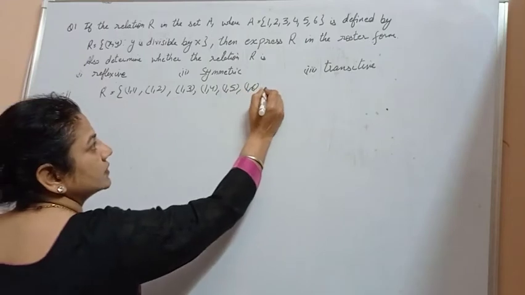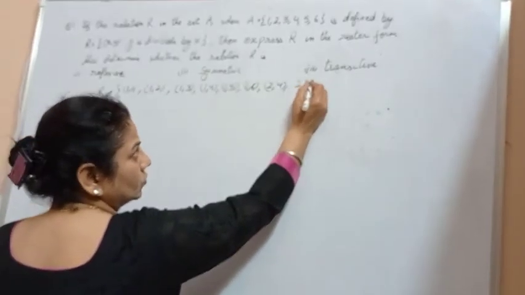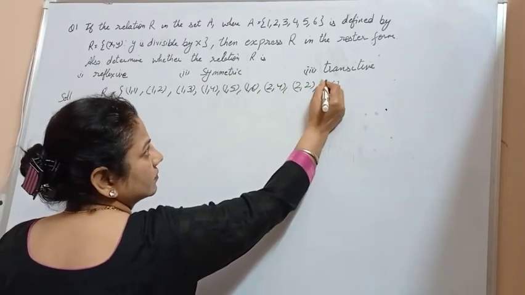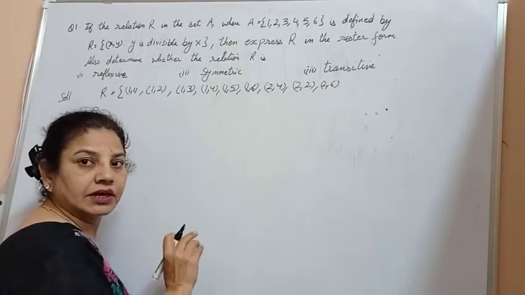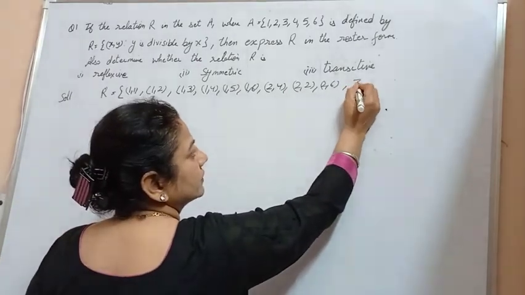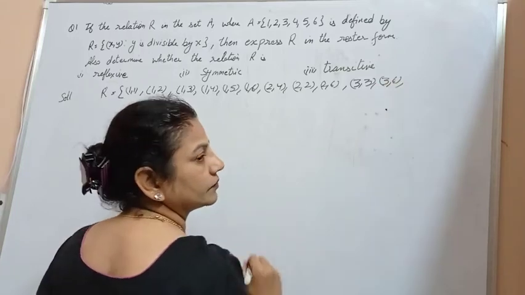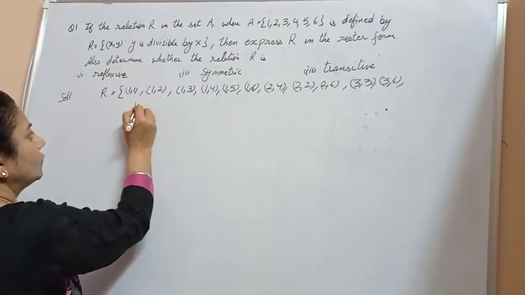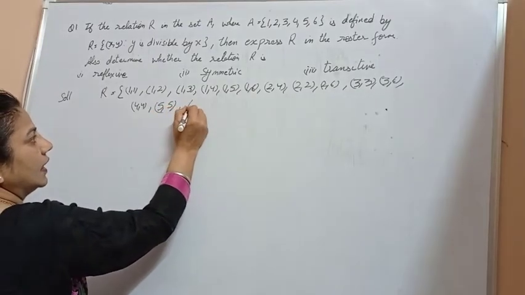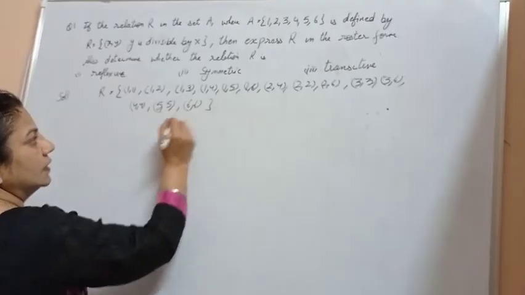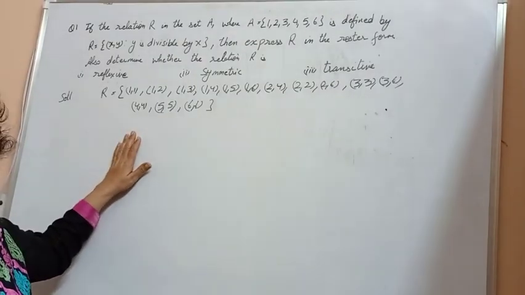Then consider for 2: (2, 2), (2, 4) and (2, 6). 2 divided by 2, 4 divided by 2, 6 divided by 2, they are divisible. Then we have (3, 3), (3, 6). For 4 we have (4, 4), for 5 we have (5, 5) and (6, 6). This is the relation in roster form.